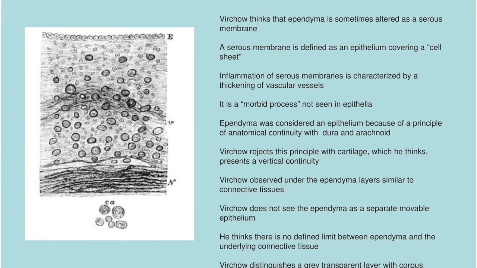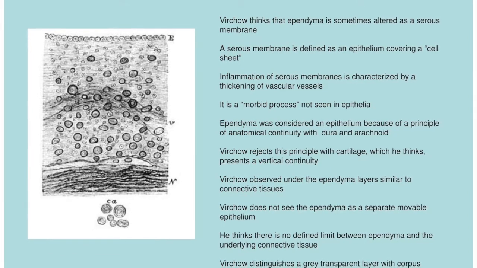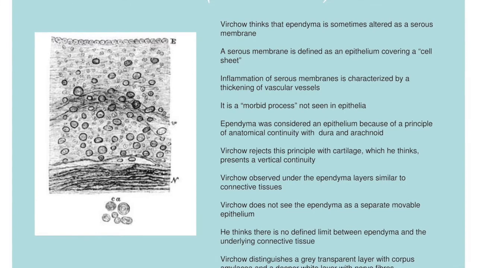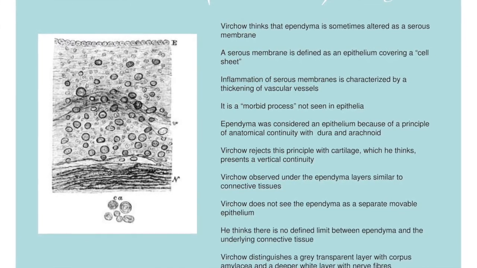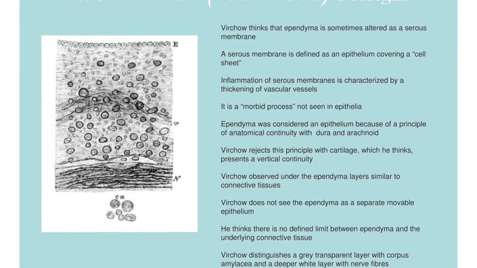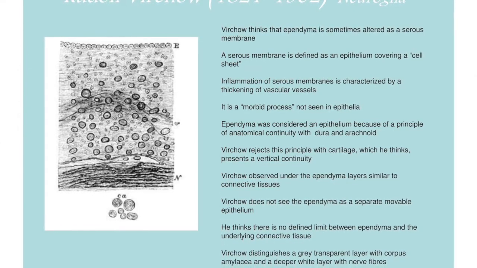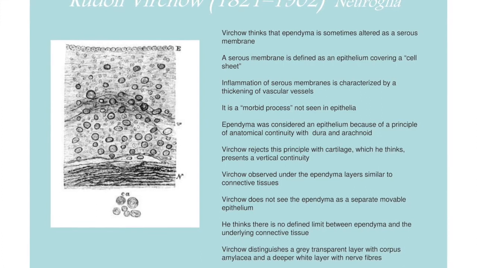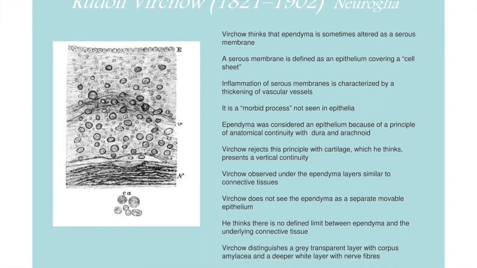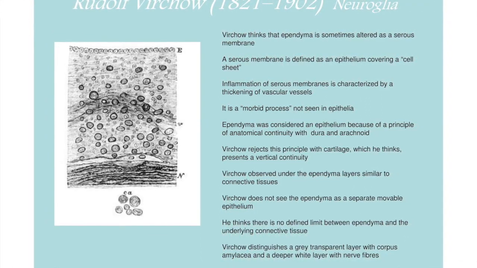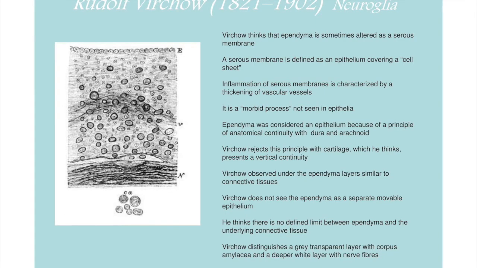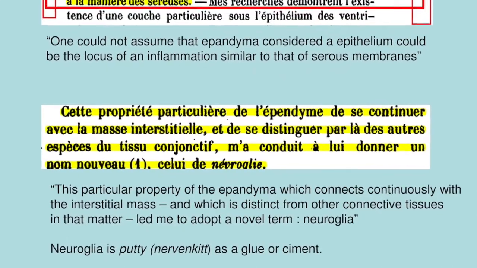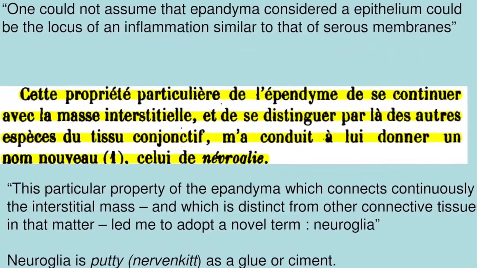Since the ependyma could react as a connective tissue in pathological conditions, as observed by Rokitansky, it could be seen as mastic or cement or glue between nerve cells, since the ependyma seemed to be a connective tissue surrounding nerve cells. That was the reasoning also of Virchow. Virchow therefore concluded, this particular property of the ependyma led me to find a new name for it, neuroglia.